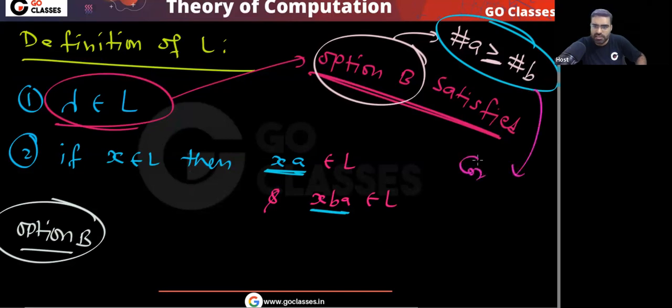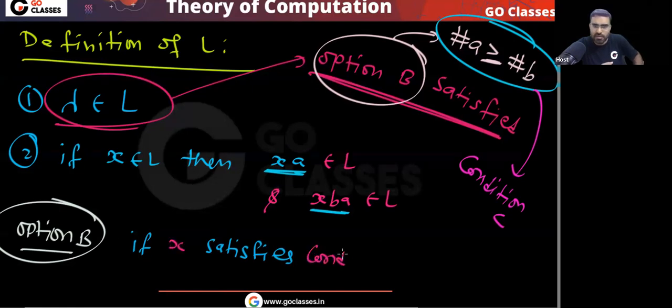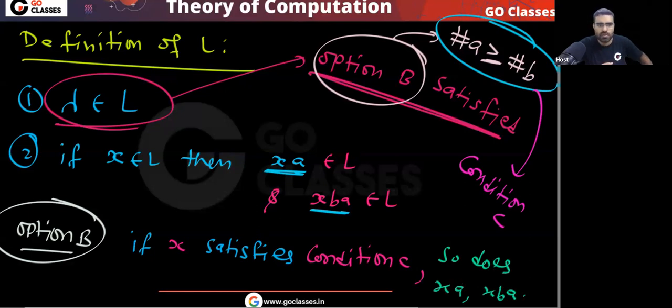Let's call it condition C. Now you can easily notice that if X satisfies condition C, then so does XA, XBA. Yes or no? Agree? If X satisfies condition C, then XA, XBA will also satisfy condition C. So condition C will always hold.